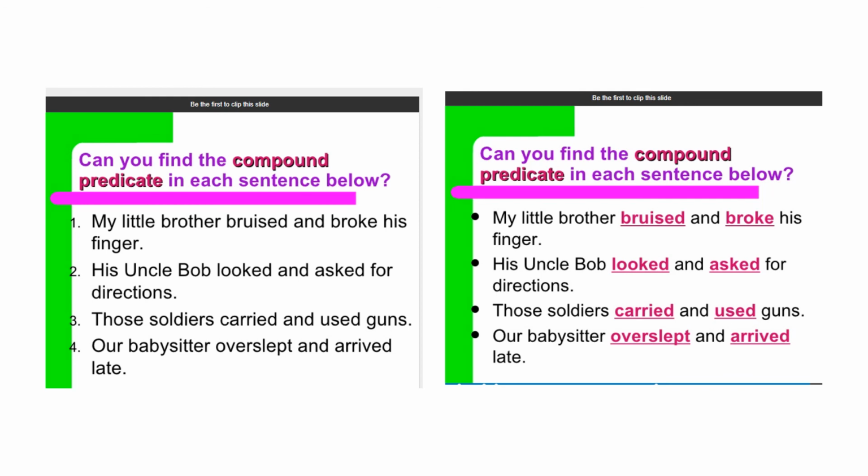His Uncle Bob looked and asked for directions. Those soldiers carried and used guns. Our babysitter, one subject, overslept and arrived late. So in each of these simple sentences, you have one subject that's doing 2 things, 2 actions.